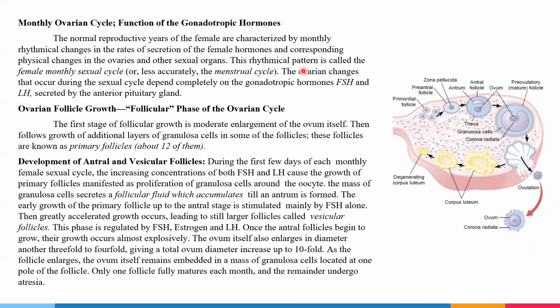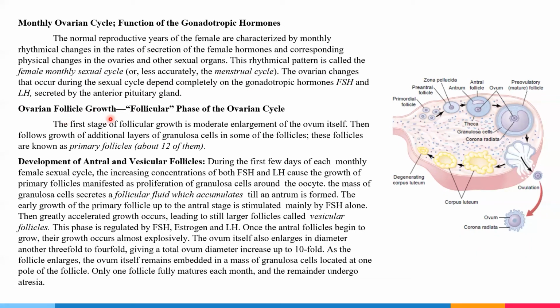This rhythmical pattern is called the female monthly sexual cycle, or less accurately, the menstrual cycle. The ovarian changes that occur during the sexual cycle depend completely on the gonadotropic hormones FSH and LH secreted by the anterior pituitary gland.